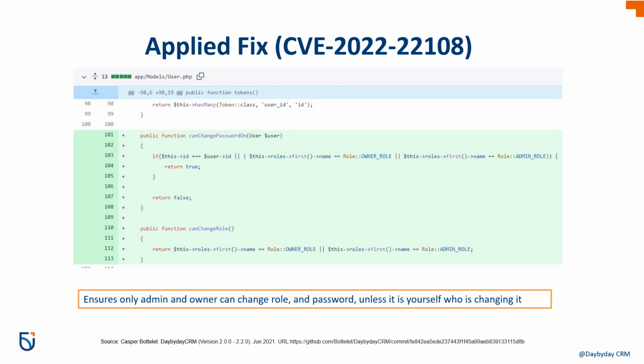For the fix, they initially added two modules, which are can change password and can change role. These two modules basically ensure only the admin and owner can change the role and password, unless it is the user itself who is changing it.